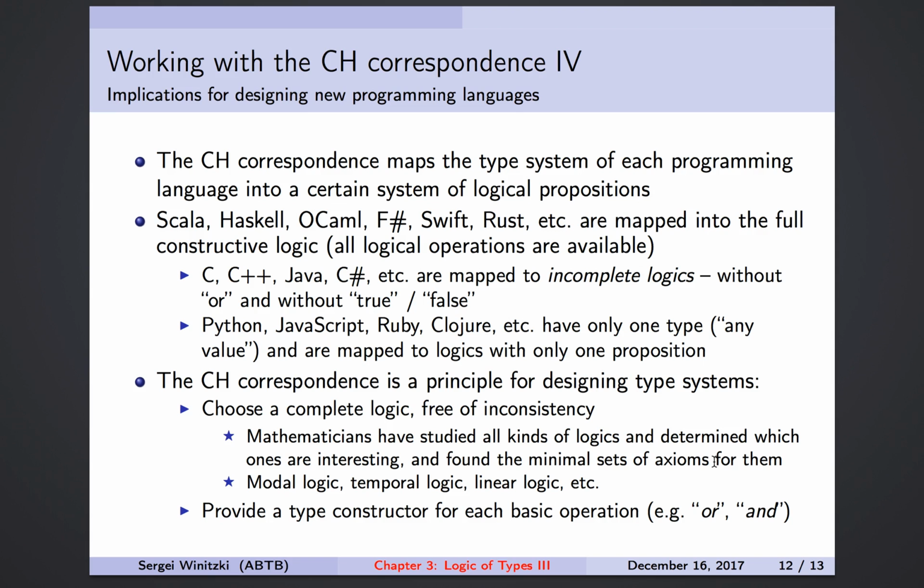So they already did all this work. Let's use it. Take that set of axioms and rules of derivation, and for each of these, provide a type constructor of some kind, or a language operation. And you get a programming language out of this. And put this at the foundation of your programming language. Add other features, of course, but that should be the foundation.